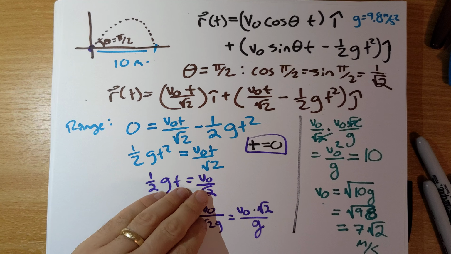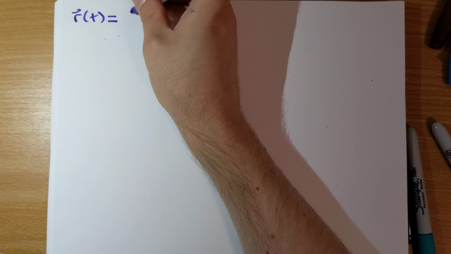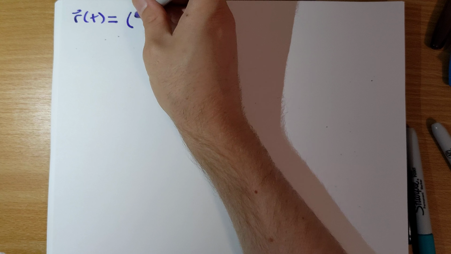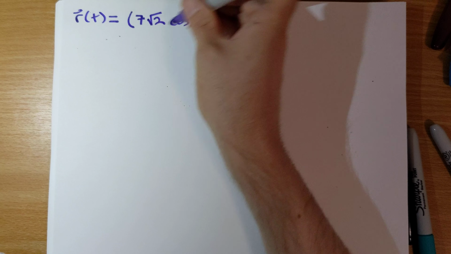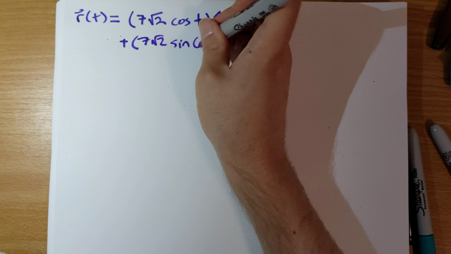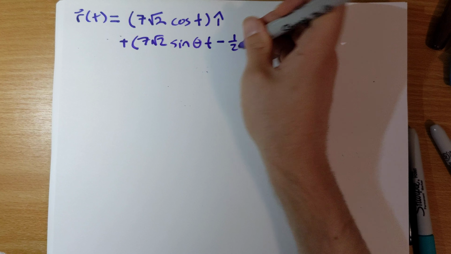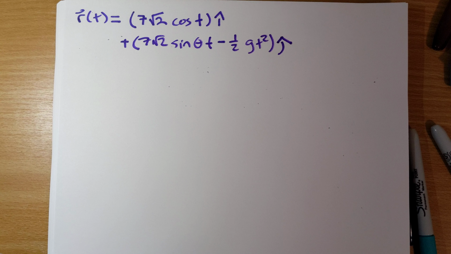For part B, for the same initial speed, find the two firing angles that make this range 6 meters. So now our r of t is going to be v naught, which we just worked out was 7 square root 2, cosine theta t i hat plus 7 square root 2 sine theta t minus 1/2 gt squared j hat here.